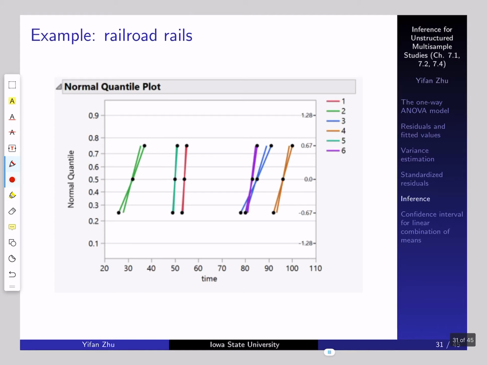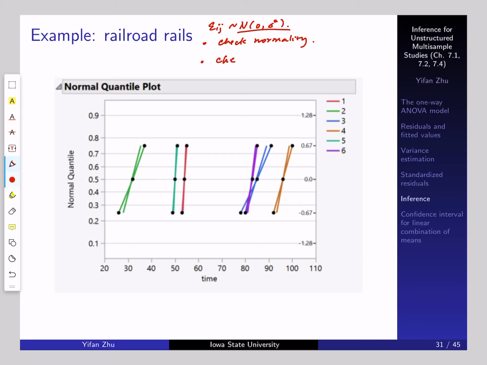Before we do the testing, it's better for us to check whether the normal assumption and the equal variance assumptions are met, right? Because we assume that epsilon ij are normal with mean 0 and variance sigma squared. So we need to check normality, because we have a normal assumption here.